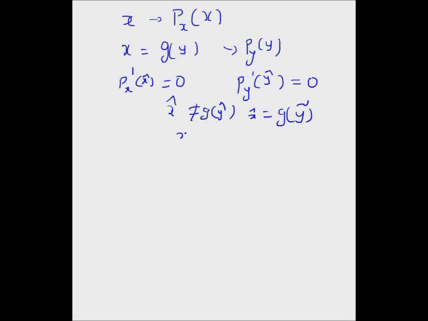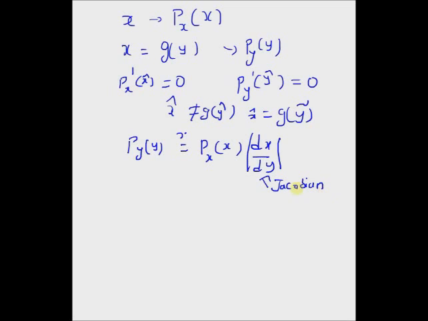So start with the relation between the probability density p of y and the probability density p of x. It is given by this expression, that is, the probability density of y is equal to the probability density of x multiplied by this Jacobian factor.